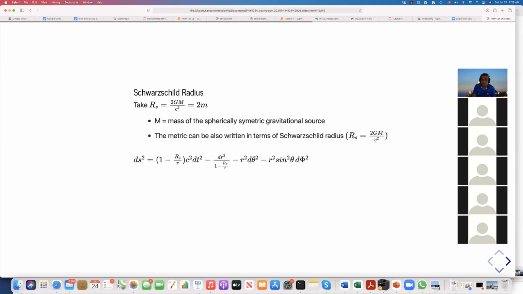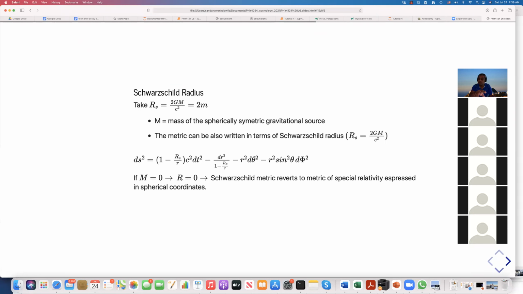And then the metric can also be written in terms of the Schwarzschild radius, which we have done before, so I am not going to talk about that again. Remember once again that the previous section was about how to derive the Schwarzschild metric, right? First, you define some assumptions, and based on the assumptions, you write a metric which has components that you don't know, and then you use the connection coefficients and the vacuum solution of the Einstein equation to find those.